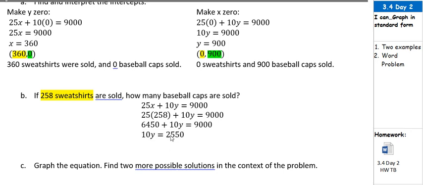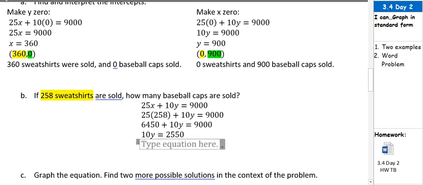So I got this number by taking 9,000 and subtracting 6,450. Now I divide both sides by 10, and I get y equals 255. That's my baseball caps value. That's how many baseball caps would have to be sold if 258 sweatshirts are sold. 255 baseball caps.